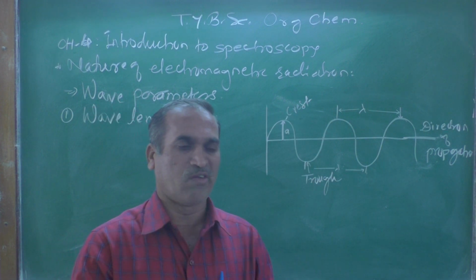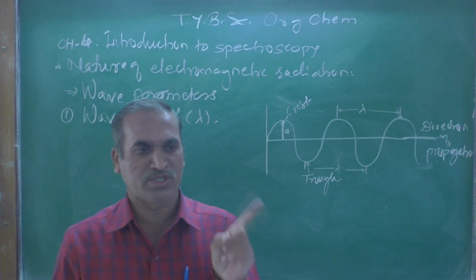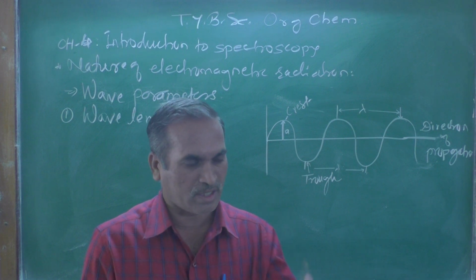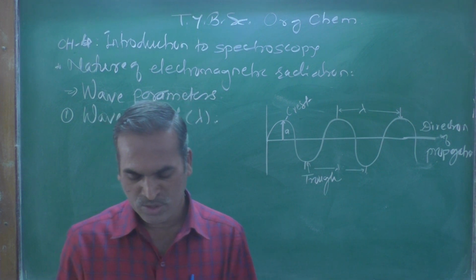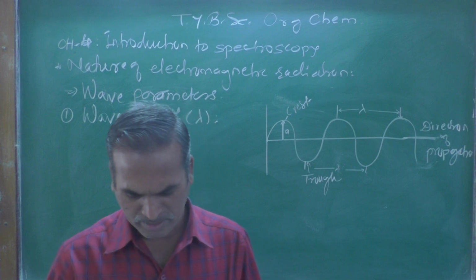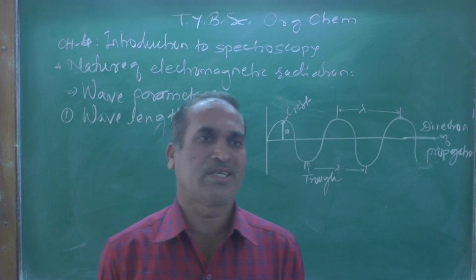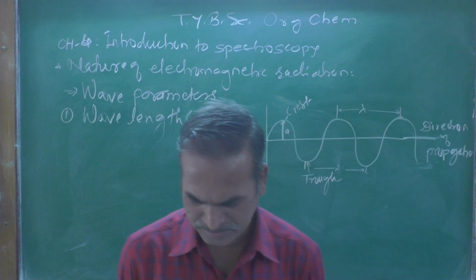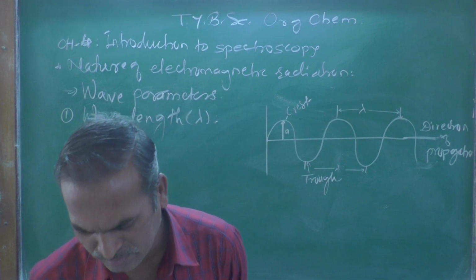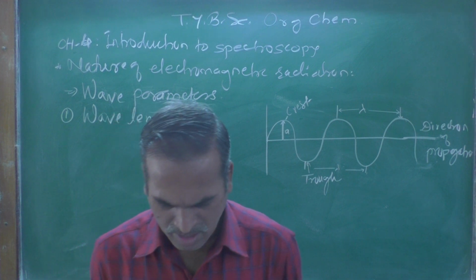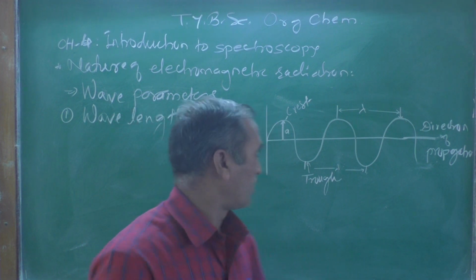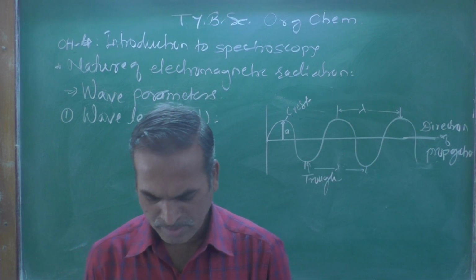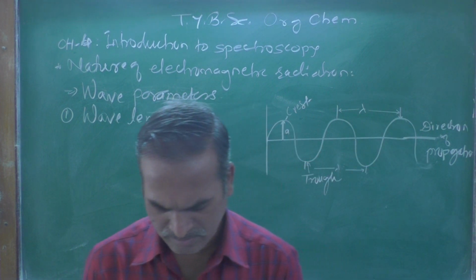It means that wavelength is nothing but the distance between two consecutive crests or troughs. Remember, one wave consists of one crest and one trough, alternatively spaced.